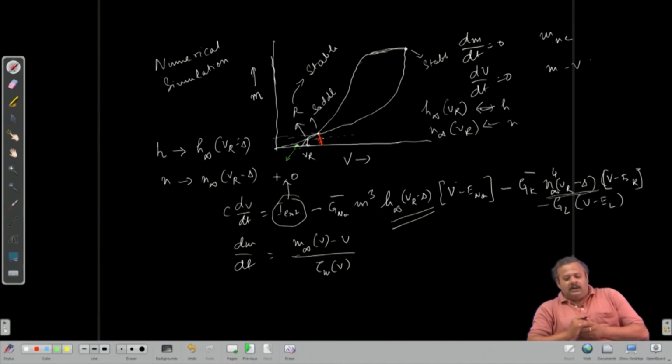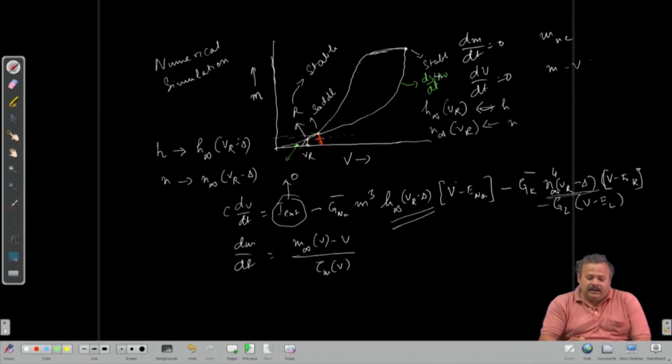And now the dV/dt nullcline, the V nullcline, changes to a different shape, moving vertically downwards and becoming like this.